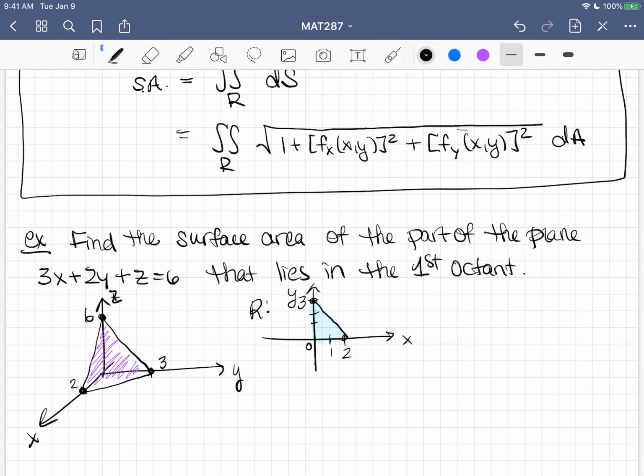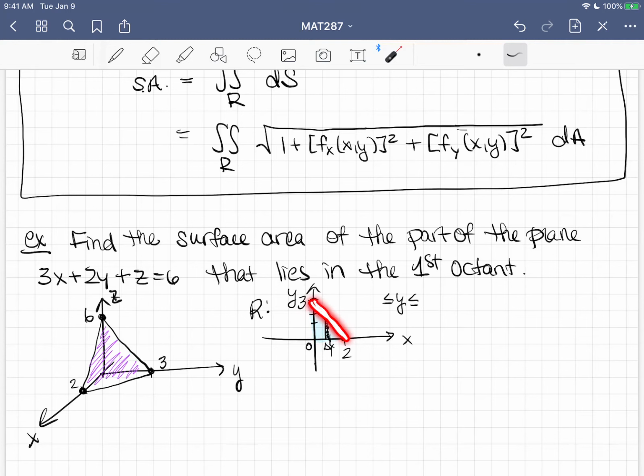Now I can take this as a vertically simple or as a horizontally simple region. I think I'm going to go ahead and go vertically simple. So first I want to think about bounds on y as I take slices in here going vertically. Y ranges from 0 up to the line.